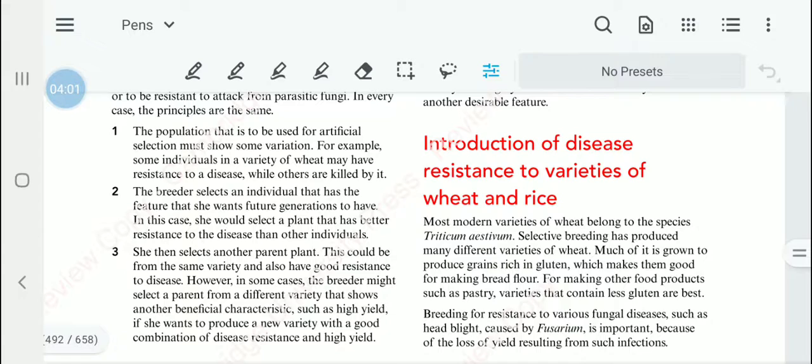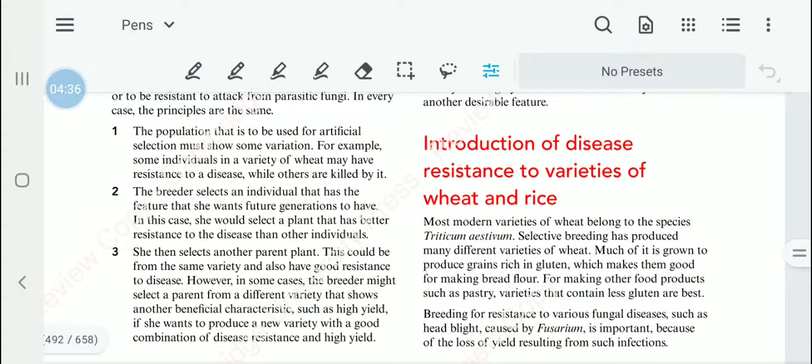In this case with maize, she would select a plant with better resistance to the disease than other individuals. Then she would select another parent plant from the same variety with good resistance. In some cases she might select a parent from a different variety that has another beneficial characteristic not borne by the first plant.